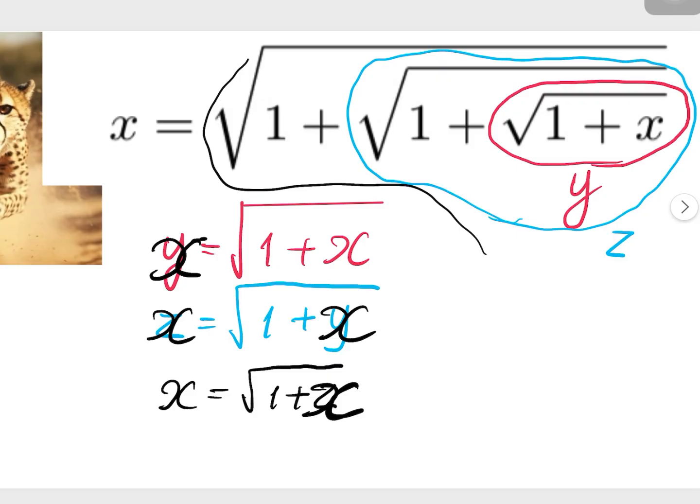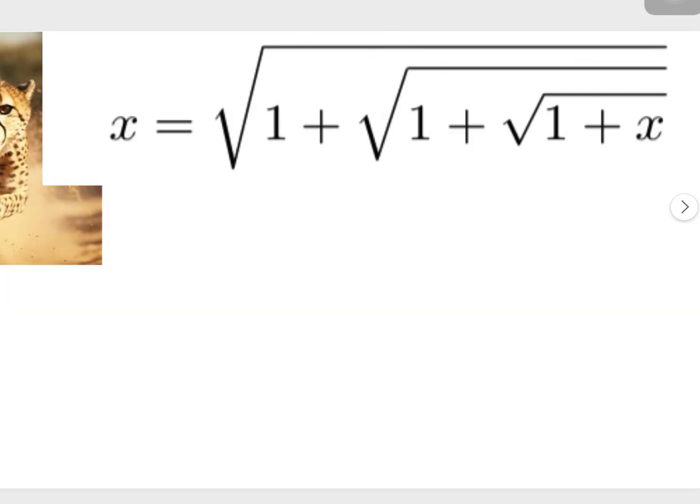So let's try to solve such an equation, but for that I don't need to solve the big equation. I just need to solve the equation for the small block. Okay, let's solve it. So write x equals square root of 1 plus x.